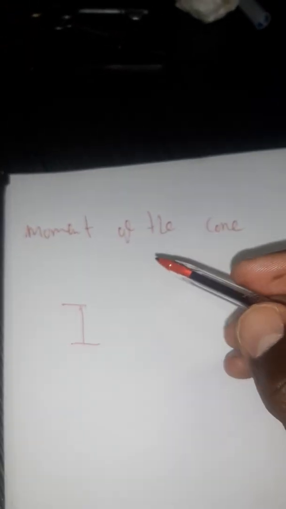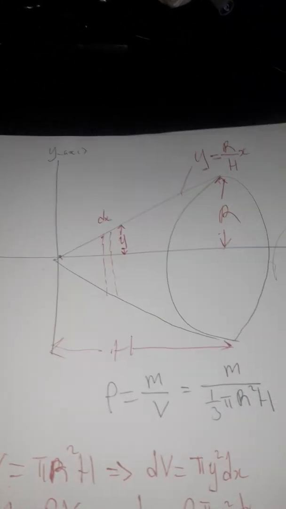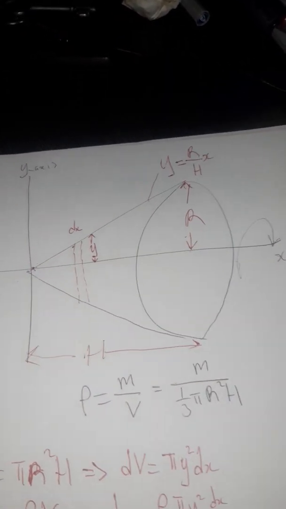What about now the moment of the cone? Because we have found the moment of the smaller disk that is cut from the cone, it will be the integral from 0 to h, because the cone is from 0 to h.